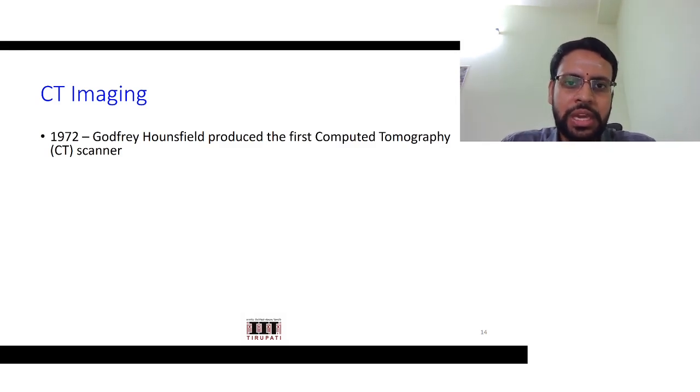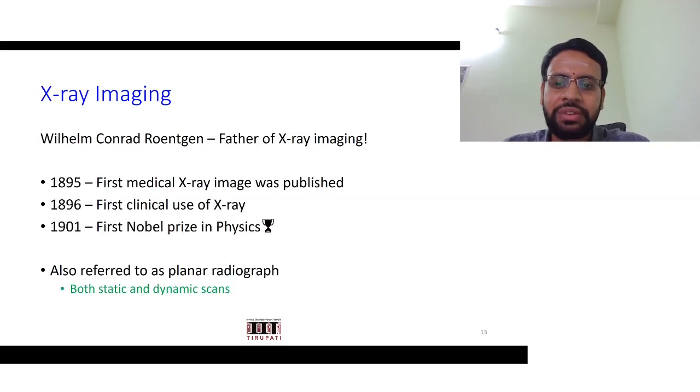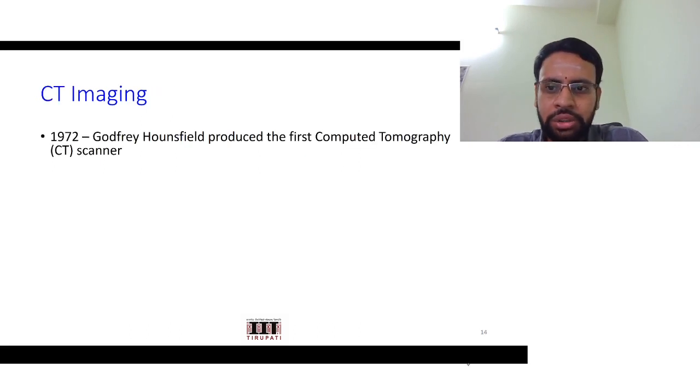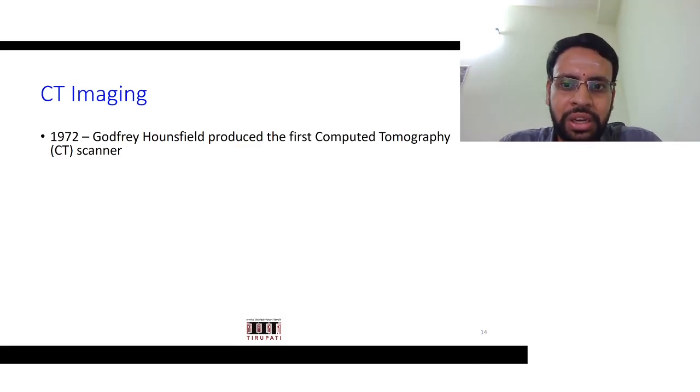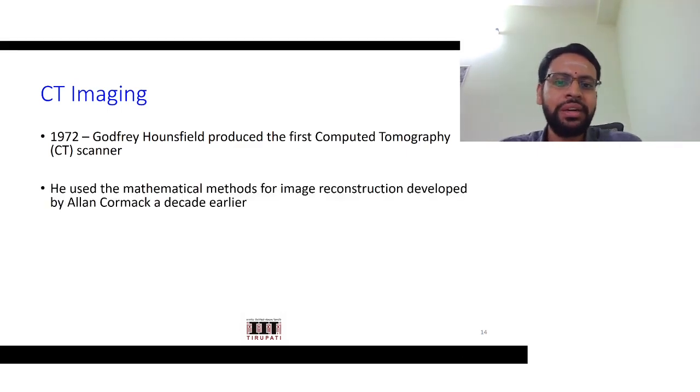Again, this has been a very important invention in medical imaging. This is considered the next very important invention after X-rays. The discovery of X-rays happened in 1895, and it took quite some time, in 1972, around 75 years after that, that Godfrey Hounsfield came up with the first computed tomography scanner.